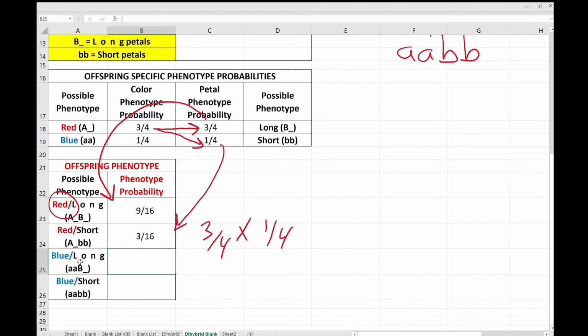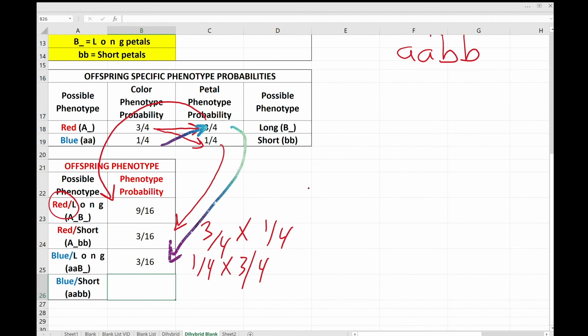Now blue and long right here. What's the probability of getting blue? 1/4. And what's the probability of getting long petals? 3/4. This equals blue times long, 3/16. So I did this. Blue and long goes there.